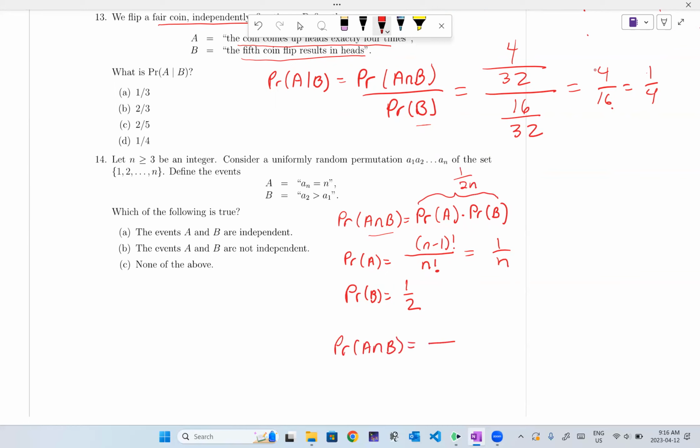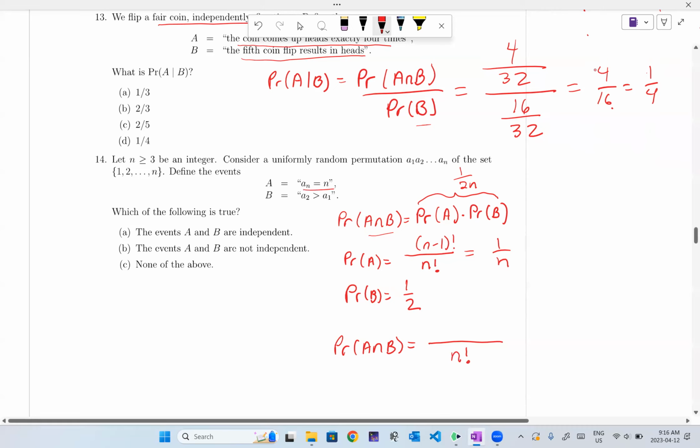This time I'm going to, just for fun, but it really is, these are independent. So yeah, the size of my sample space is n factorial. I'm going to choose to put n in the last location. Well, there is one way to do that.